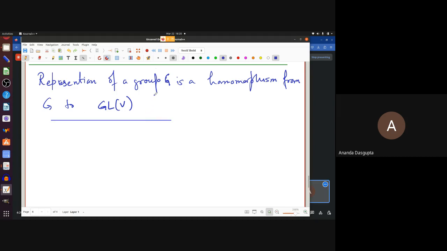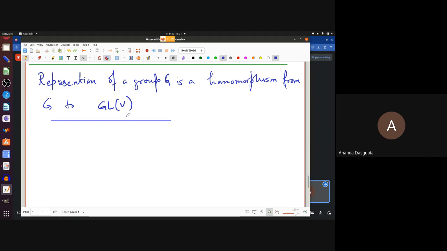So what's special about GL(V)? It's effectively a bunch of matrices which can be multiplied together, which can all be inverted and so on, and which mimics the properties of the group as closely as they can. I say as closely as they can because all you need is a homomorphism. So you can have something as trivial as every group element mapping to the identity matrix. Or if you have the irreducible representations, every group element maps just to the number 1.